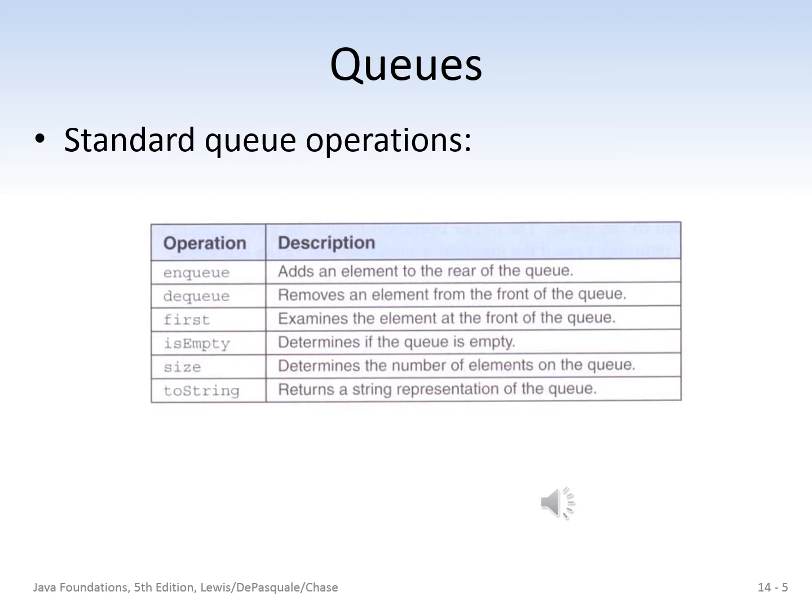First examines the element at the front of the queue. IsEmpty determines if the queue is empty. Size determines the number of elements on the queue, and toString returns a string representation of the queue. So enqueue is comparable to push, dequeue is comparable to pop, and first is comparable to peek for the stack, obviously.